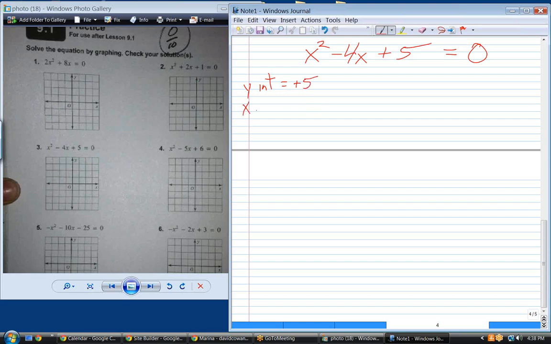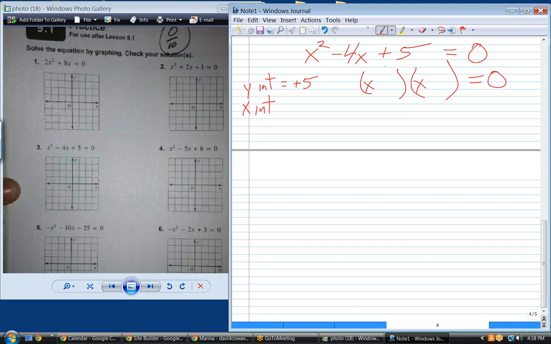Now how about the x-intercept? Again, what do we need to do to this? Well, we need to factor it in order to find it. So this is x, this is x. Now what next? What's the next step in the process?